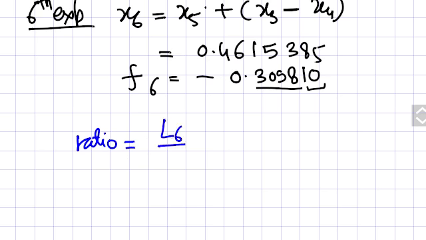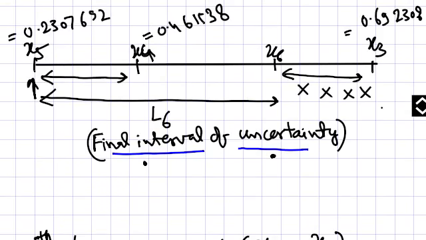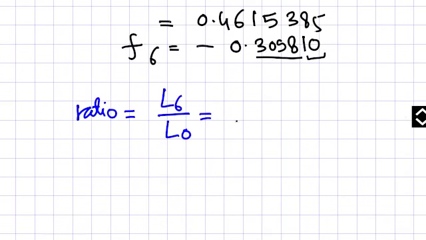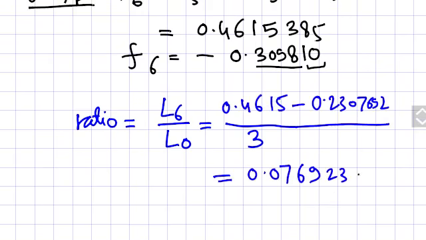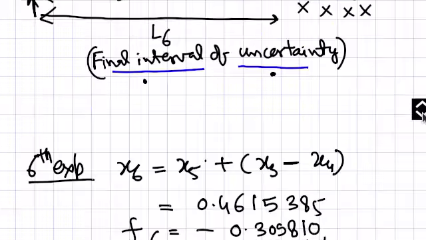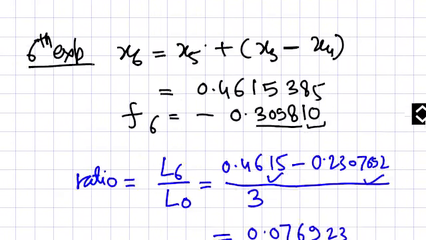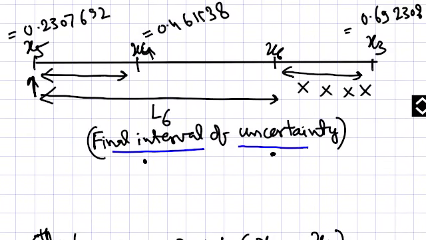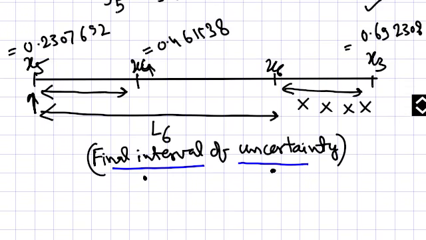So you can find the L6 distance as x6 minus x5, and L naught is already 3. Here I have put the point x4, and this is point x5, and by subtracting you get this distance.